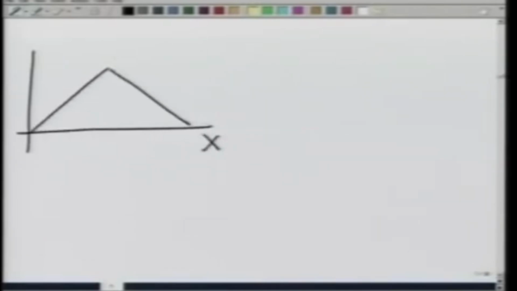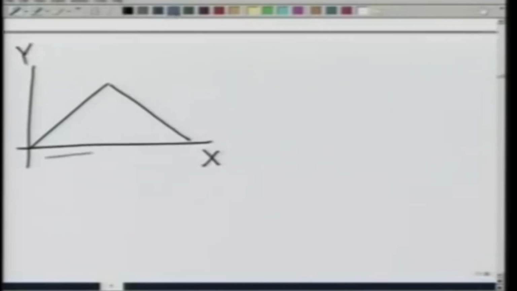That is the x coordinate of the centroid of the triangle. Let us now calculate the y coordinate. Again, I make this triangle, x, y, b, a, h, and to calculate the y coordinate, I take the elemental area dA like this.